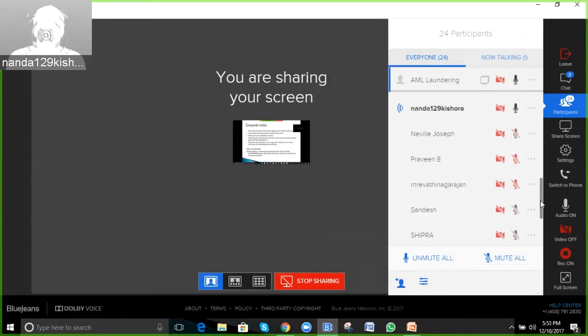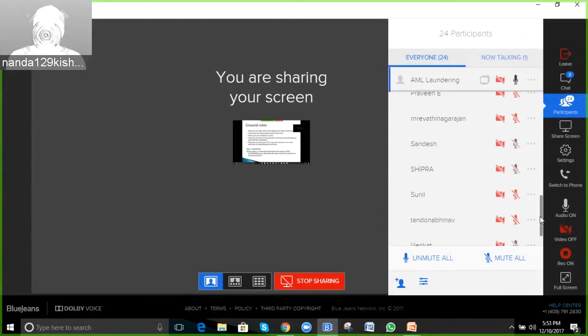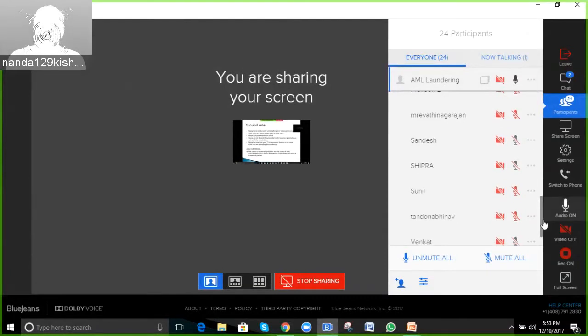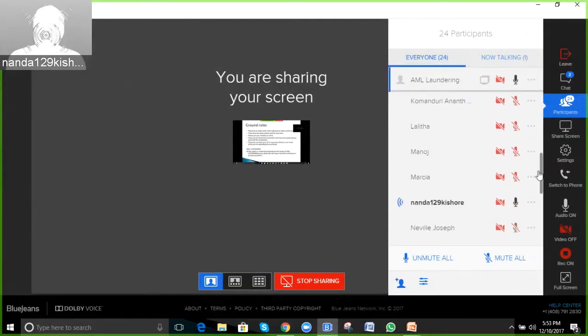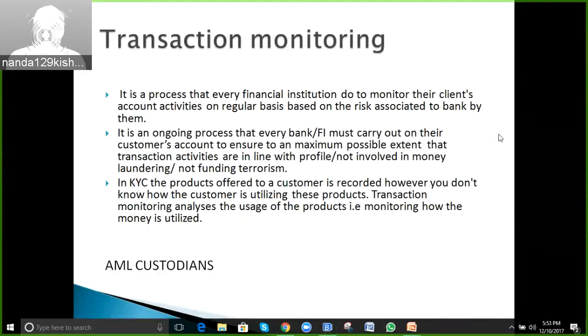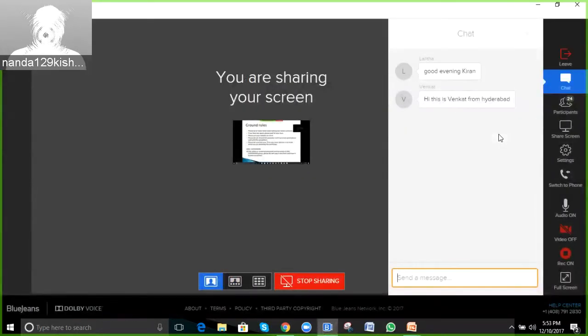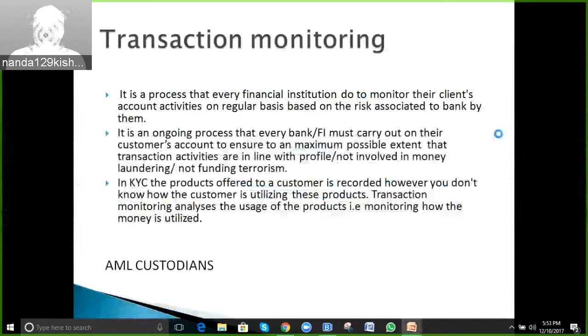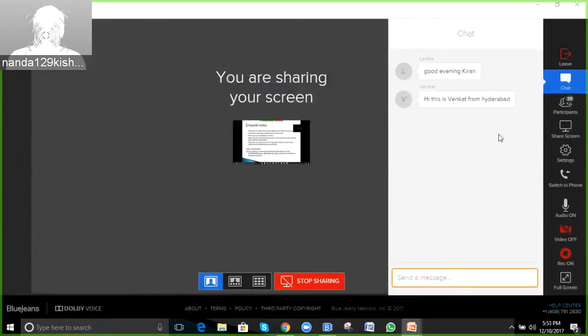It is called a change in behavior. You have never given any check in the past 12 months, so suddenly you have started using a check. The system can detect this and generate an alert stating that this is a change in behavior seen in the account. In the past 12 months there is no check, and suddenly there is an instrument involved.